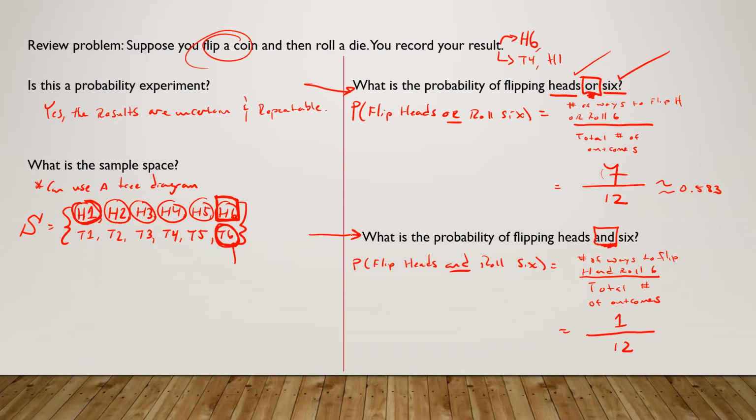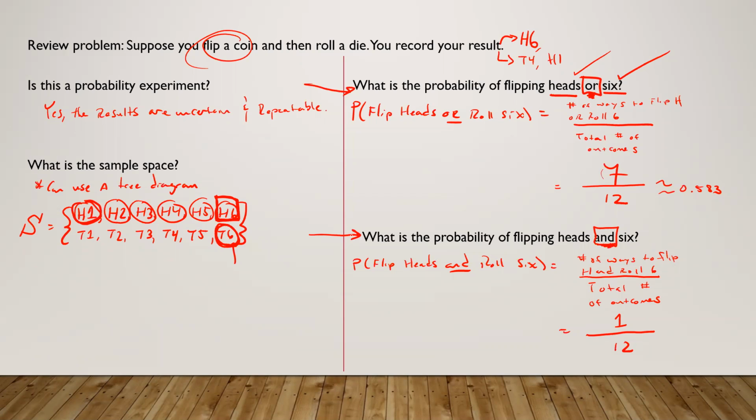So one of the questions we had was, what is the probability you flip heads or roll a 6? What did we say that answer was? If you look on the screen, what is the answer? Yeah, thanks, Melissa. It's 7/12, so you can see it right there.